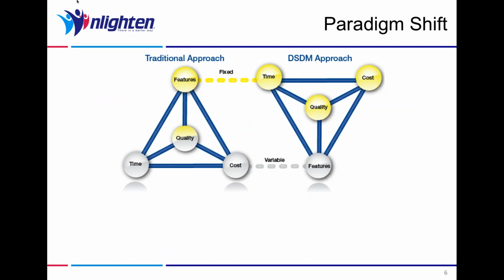And we're going to start by looking at what are sometimes called the iron triangles. These are the things that people try to fix everything on. This idea that we can fix the features that we want, we can fix the time, we can fix the budget, and somehow miraculously we'll end up with a product that is wonderful and meets the business need in every way, shape and form.